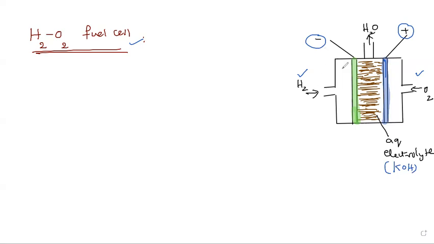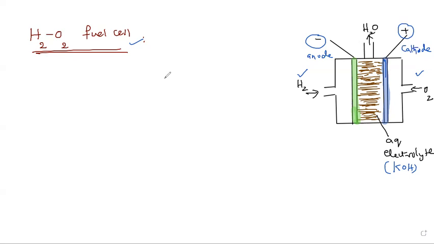So the anode is in contact with hydrogen, the cathode is in contact with oxygen. On the left side we have the anode, and on the right side we have the cathode in this fuel cell. And the cell runs continuously as long as the reactants are supplied.